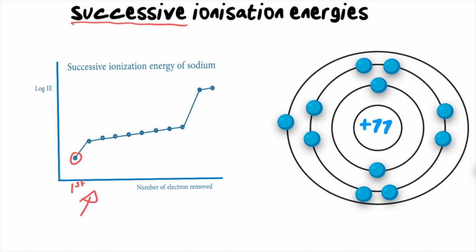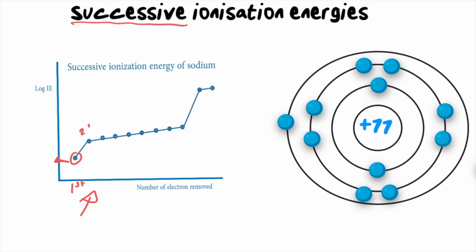Notice that this first electron has the lowest ionization energy. It requires the least amount of energy to be removed for one reason: shielding. Since this electron is very well shielded, it's quite easier to be removed from the atom. So that's why the first ionization energy is the least one here.